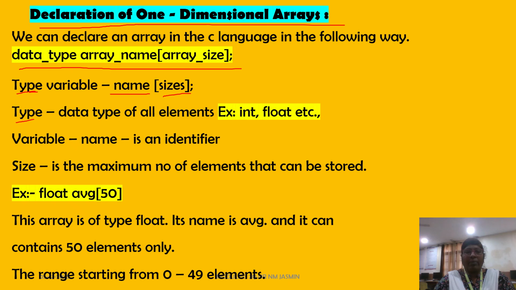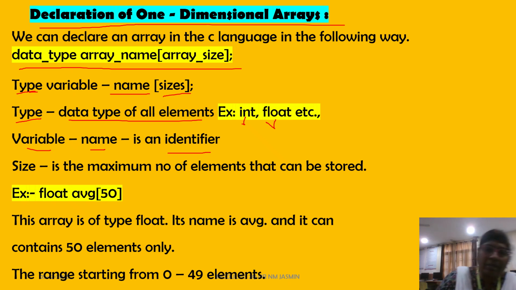Okay, so type is the data type of all elements. So there must be only one type, so either it will go for integer or it will go for float. Now the variable name is nothing but an identifier, like %d for int and %f for float; we take identifiers like that.